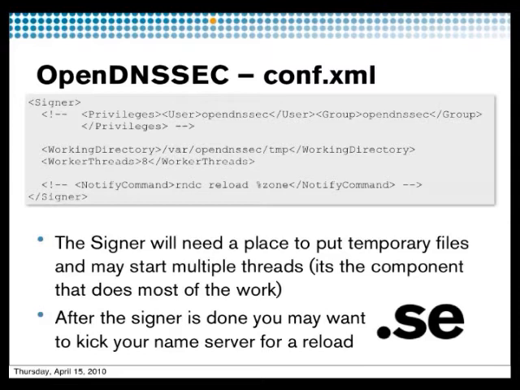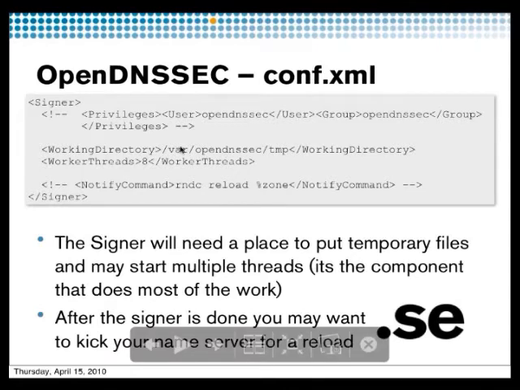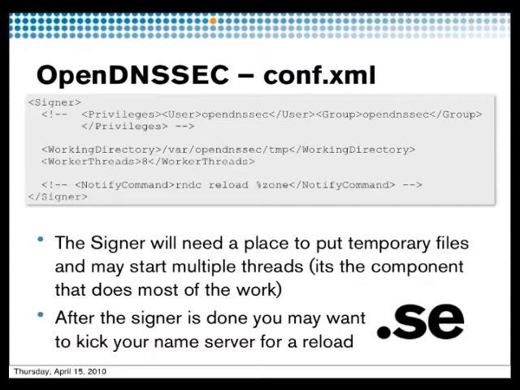This is how many zones OpenDNSSEC can handle at once, but it's perfectly fine to have 100 zones, even though you only have 1 worker. Then you just work on 1 zone at a time. And when you have 8 workers, you can work on 8 zones at a time, signing them.